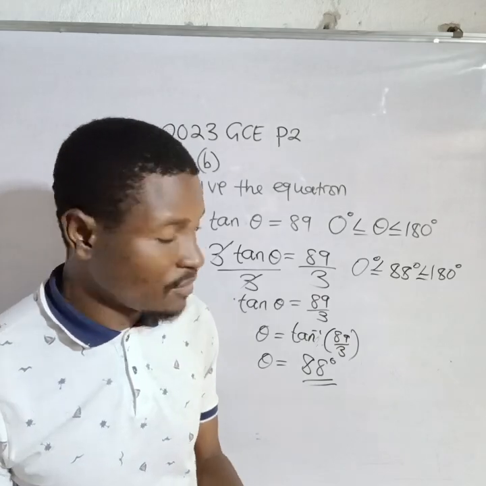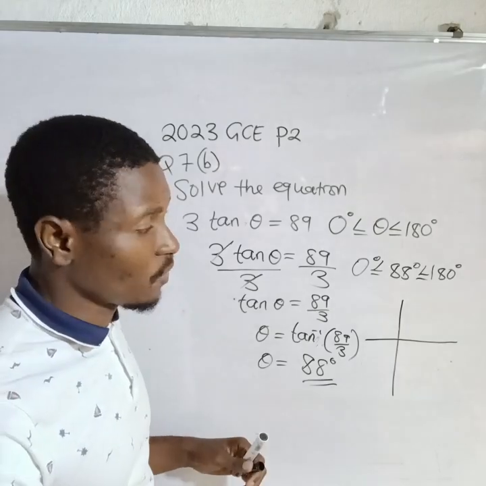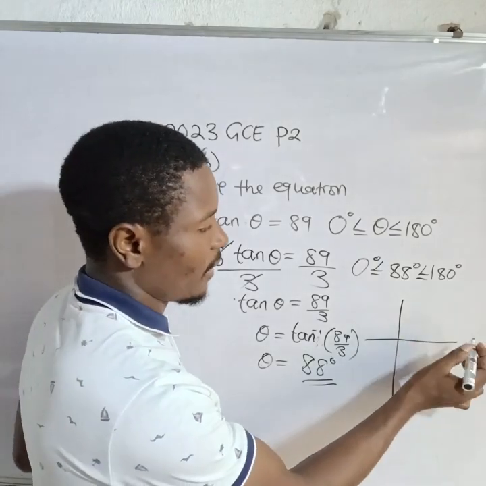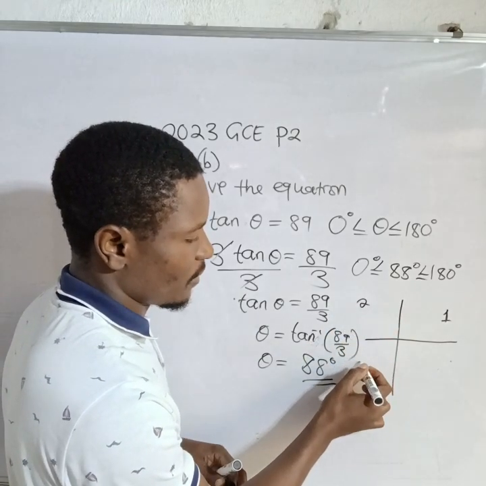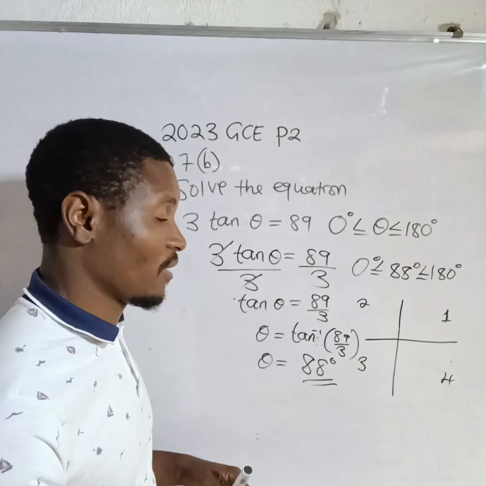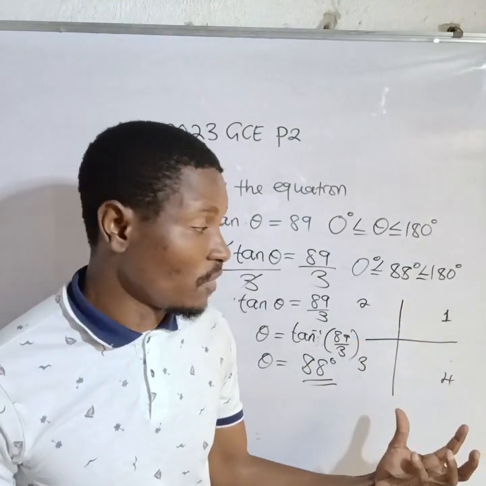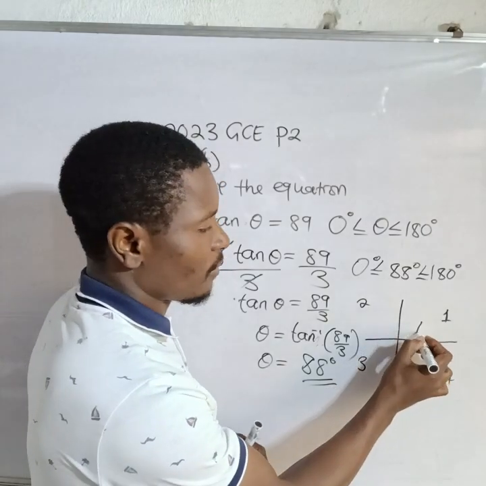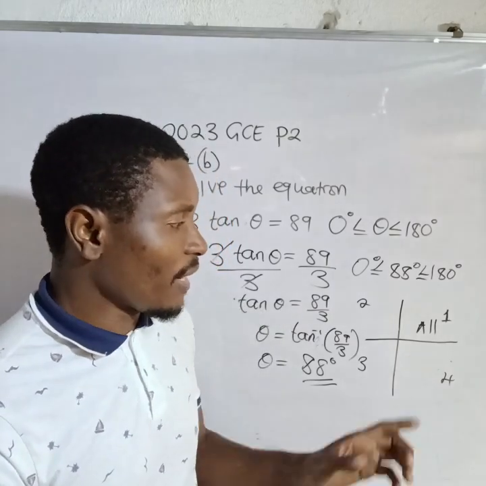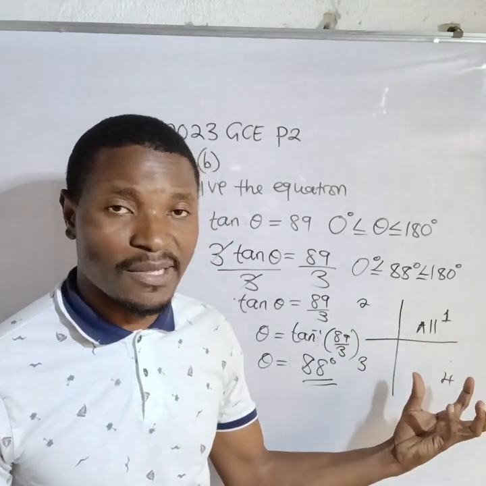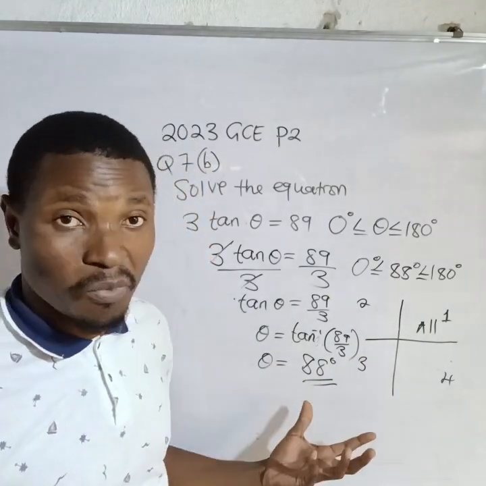But before you conclude, you are going to have what you call the quadrants. So we have the first quadrant, the second, and also we have the third here and the fourth there. The whole of this quadrant represents 90 degrees. Now you are looking at the cos, sine, and also tan. Everything that is in the first quadrant is positive, and we saw that this tan was positive.